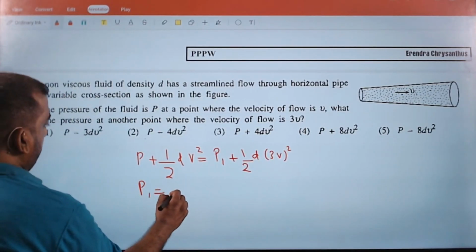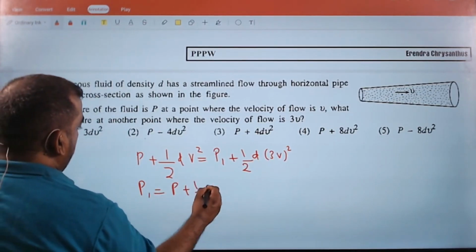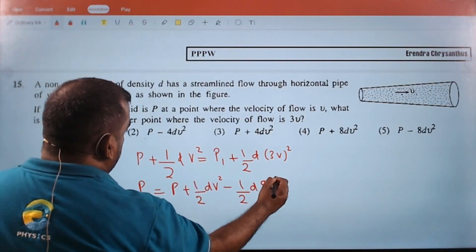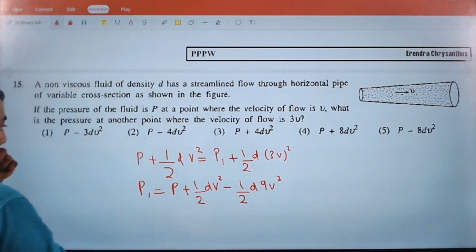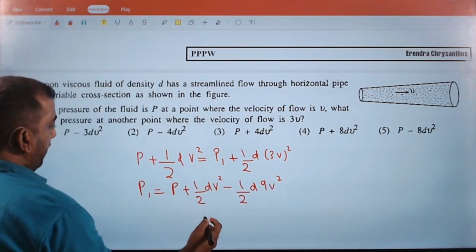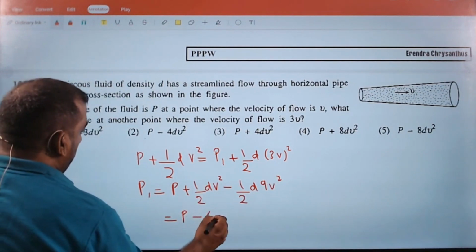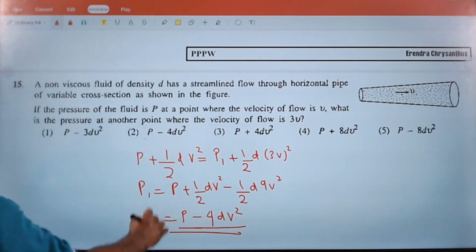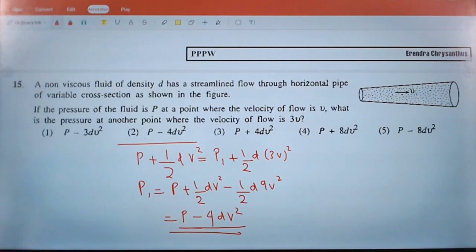So P1 equals P plus half d V square minus half d 9V square, which is P minus 8dV square divided by 2, P minus 4dV square. Answer number 2.